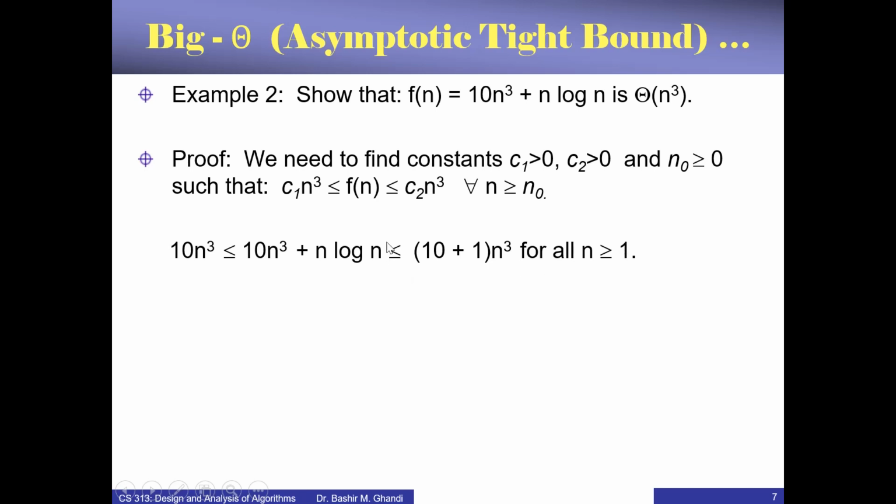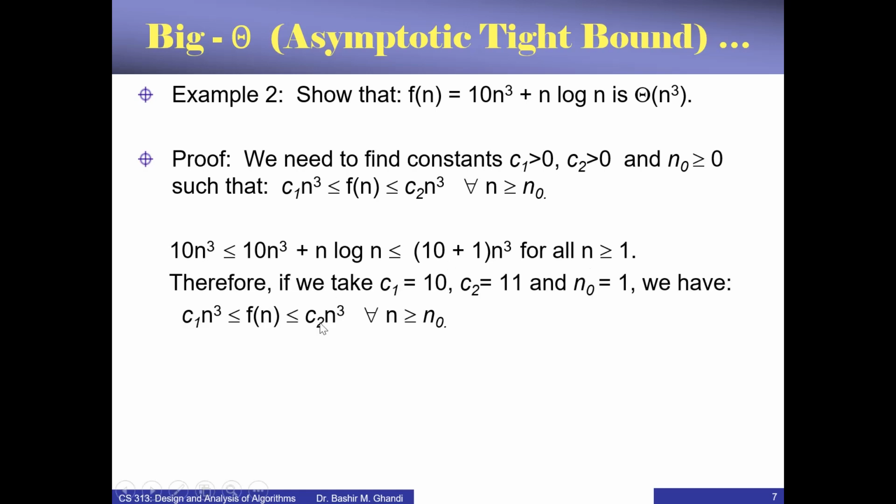But in this case, because there are no constants, we can say for all n greater or equal to 0. But it doesn't matter, we don't have to find the smallest value of n naught. We can take any n naught for which after that both inequalities will be true.